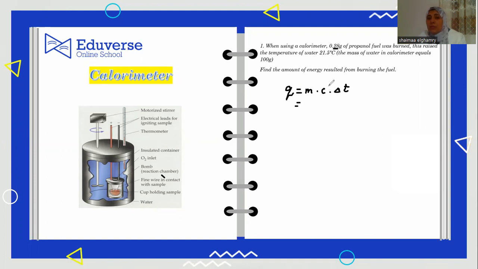The mass of water that we have is 100 gram, and the specific heat of water, as we said, is 4.18 joule per gram degree Celsius, times the change in temperature which took place, 21.5 degrees Celsius. So the quantity of heat that you are going to calculate will be in joules. You can do it on the calculator.